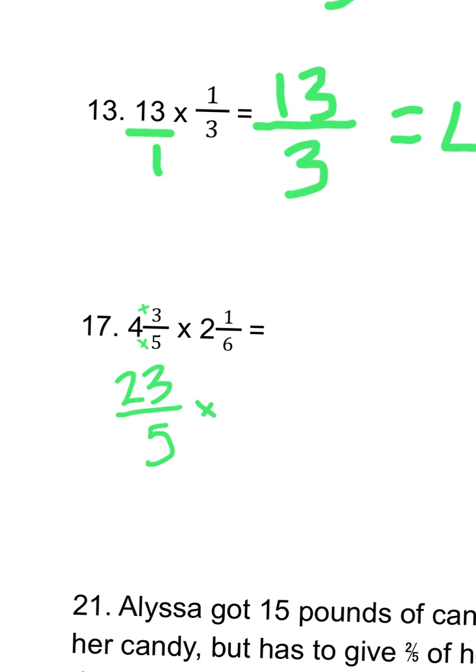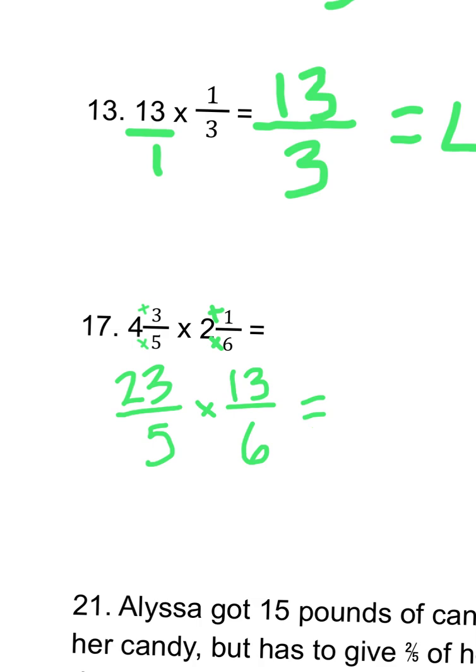We're going to turn this mixed number into an improper fraction. So we're going to get 2 times 6, which is 12, plus 1 is 13 over 6.